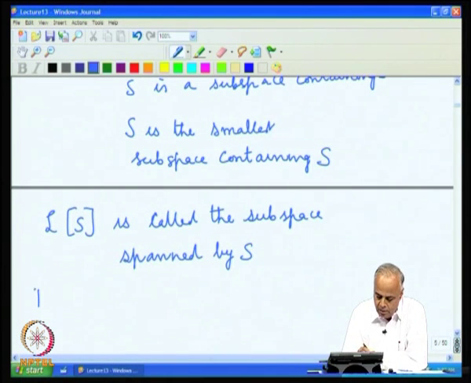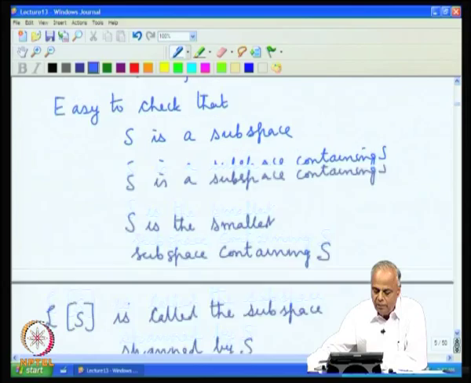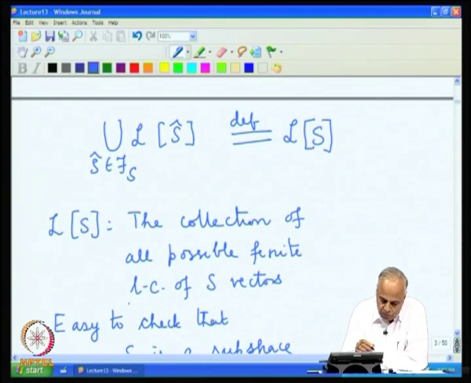Now, it is clear that the above definition is the same as the original definition, namely if you look at this infinite set where you generate all finite sets and from them you generate all the linear combinations and then take all of them together, you get L(S). But suppose S was only a finite set, and then you take only finite subsets of this finite set. Obviously S will be a part of the collection of finite subsets and you already get L(S) here, and all the others are subsets of this. So, this definition will give the same L(S) in the case when we have finite sets.